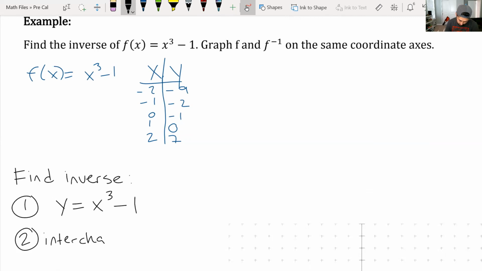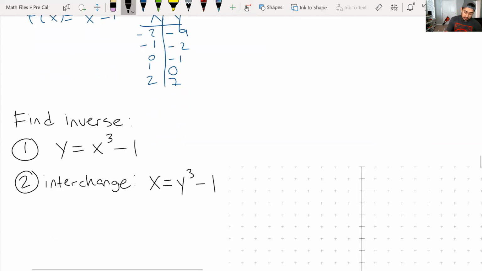Interchange. Which means we just swap x and y. So this becomes x equals y cubed minus 1. That's what we do when we interchange. We swap x and y. Okay. Step 3. Solve for y.